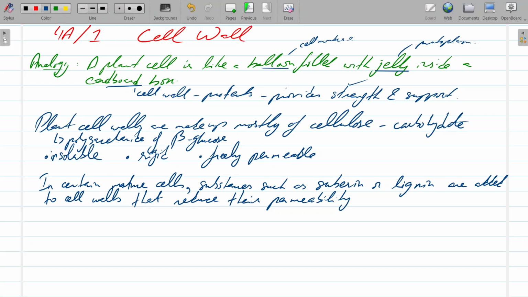Now, right, let's talk about how the cell wall is built up. So the structure of the cell wall. And so, right, the first layer is called the middle lamella.